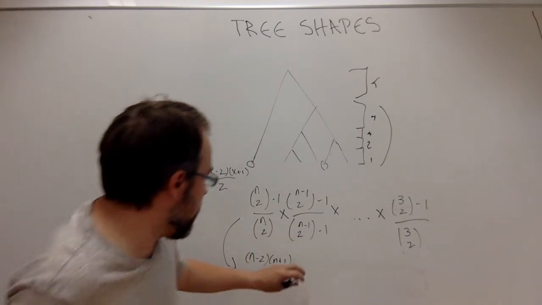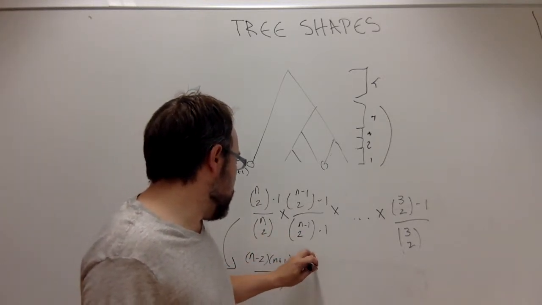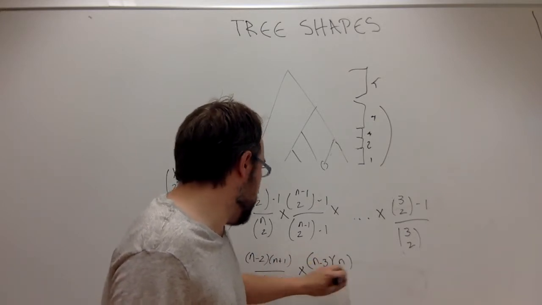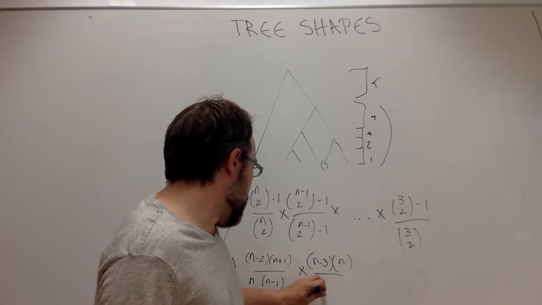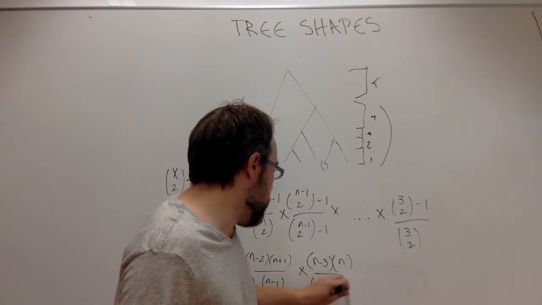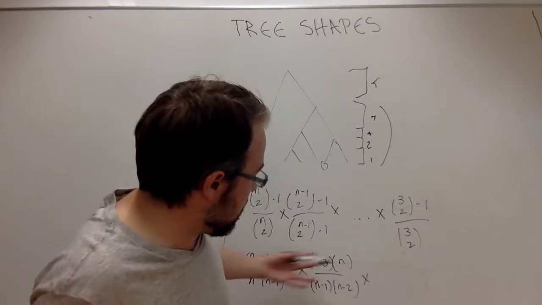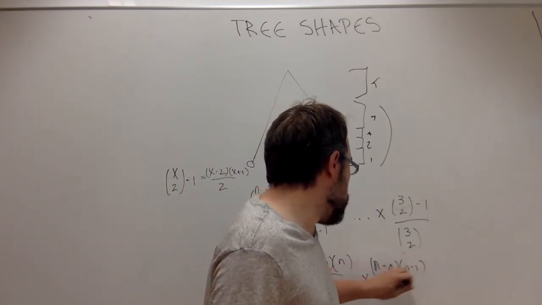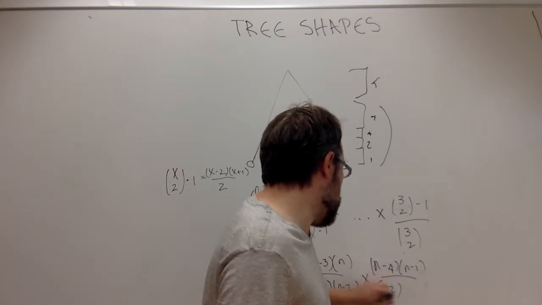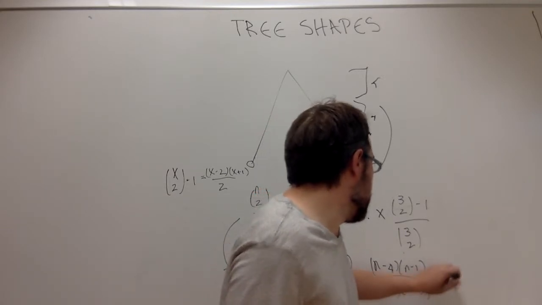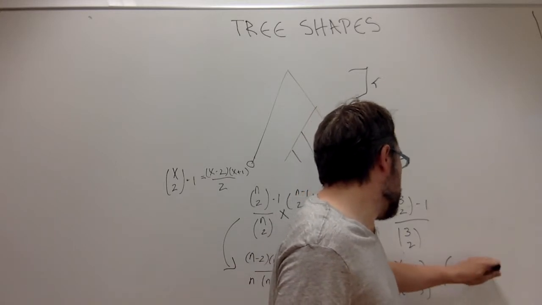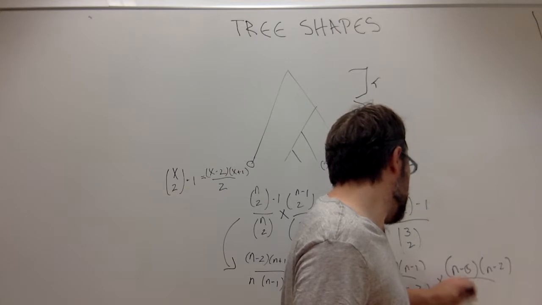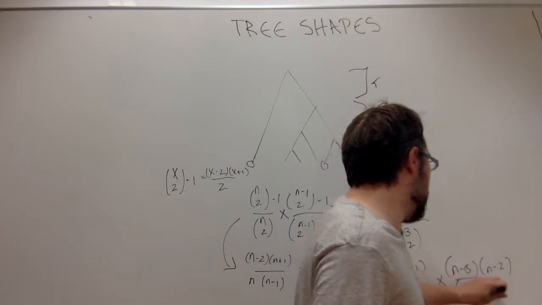The next one down, everything just goes down by 1, so we get n minus 3 times n minus 1 plus 1, which is n, divided by n minus 1 times n minus 2. Let's just carry this out for a while. So this will be n minus 4 times n minus 1 divided by n minus 2 times n minus 3, then n minus 5 times n minus 2 over n minus 3 times n minus 4.